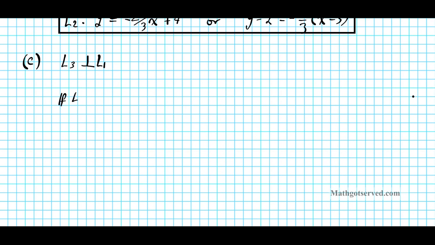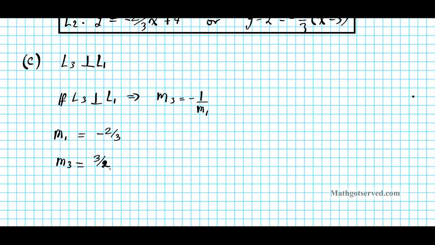If L3 is perpendicular to L1, then M3 is going to be the negative reciprocal of M1. Since M1, we found out before, is equal to negative 2/3, then M3 is going to be the negative reciprocal of that, which is 3 over 2.